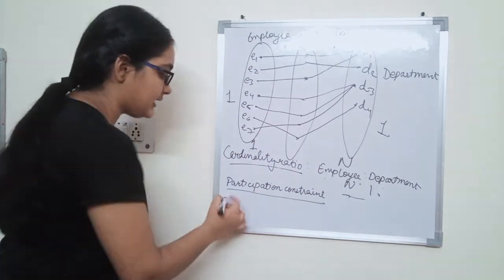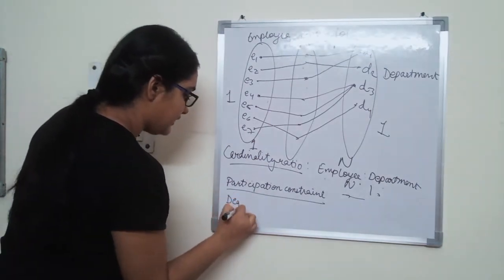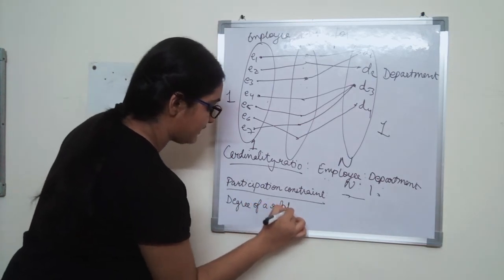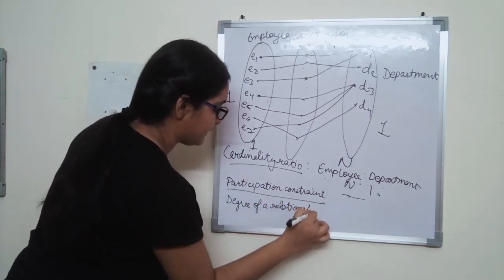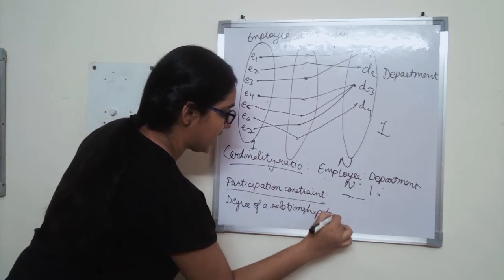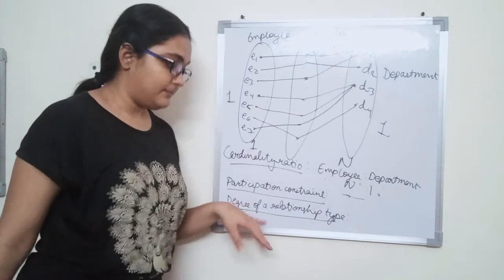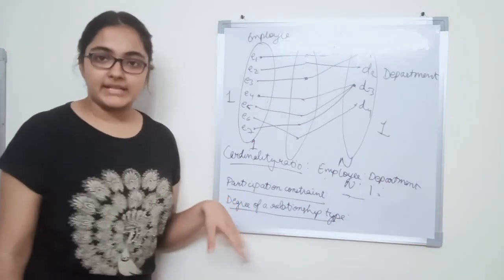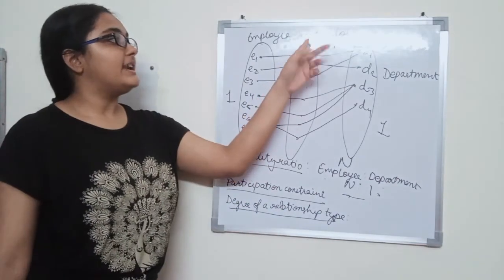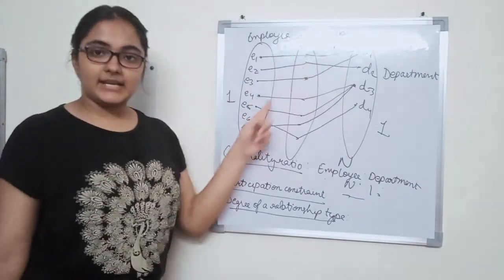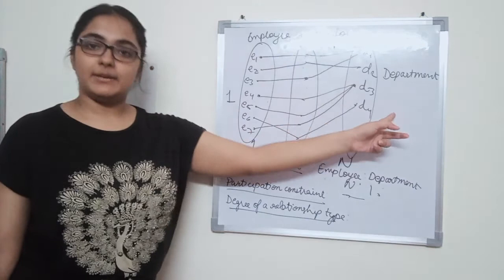One other thing I wanted to discuss is the degree of a relationship type. The degree of a relationship type is the number of participating entity types. Now, let us say the works for relationship has two participating entity types, employee and department.